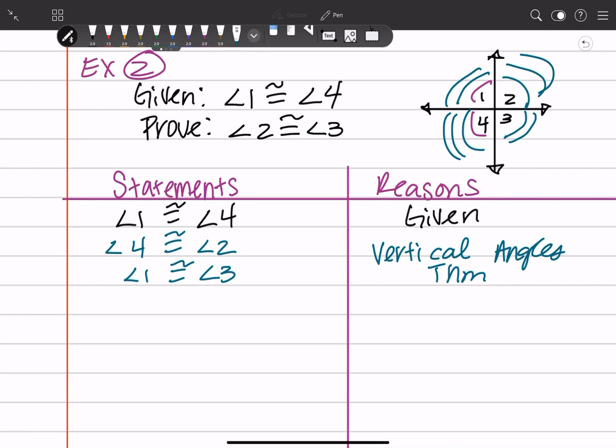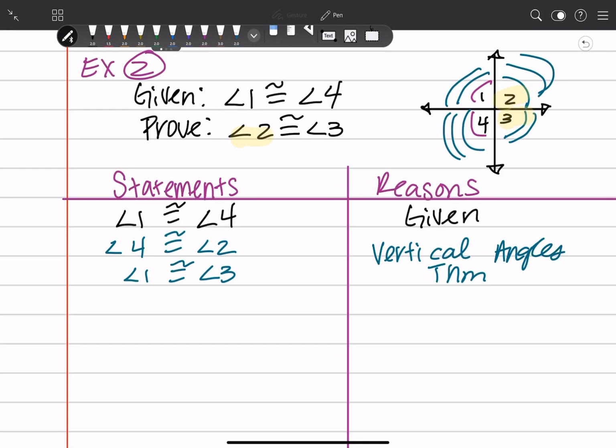Well, that's great. But we need to prove that angle 2 is congruent to angle 3. Well, what you can do is you can use a transitive property here.